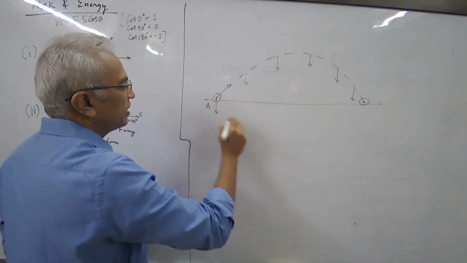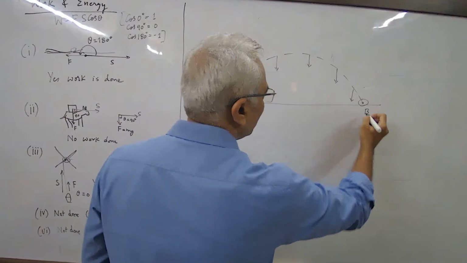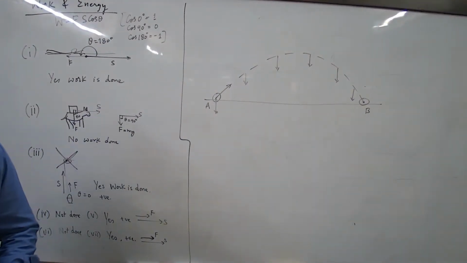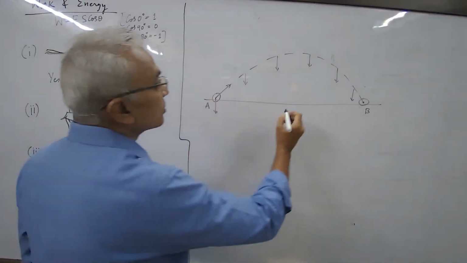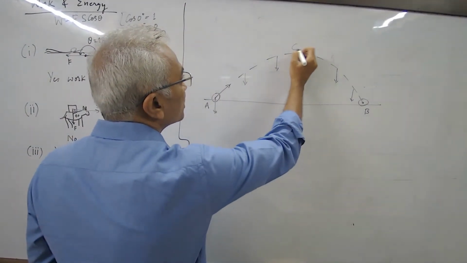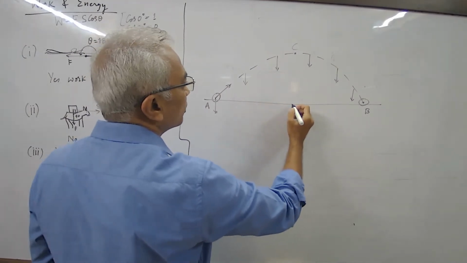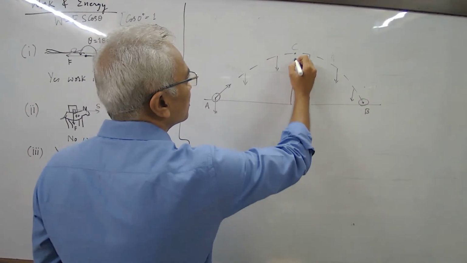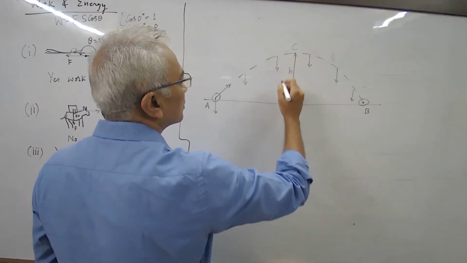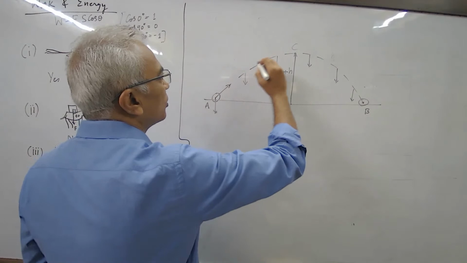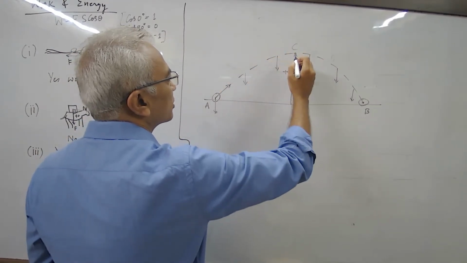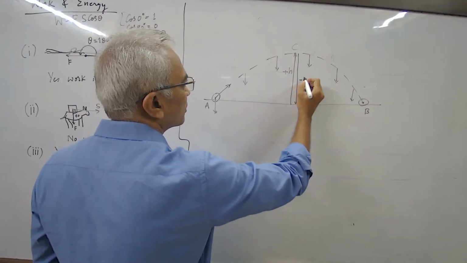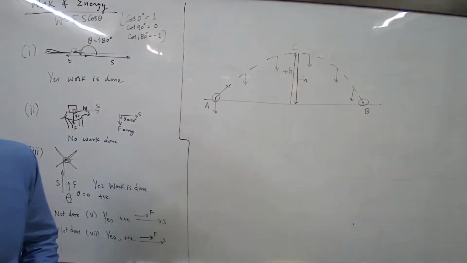So this is position A, this is position B. So displacement in the vertical direction, what is it? Let's say this is the maximum position C. So with respect to Earth, from A to C, let's say the maximum displacement upward is H. When the ball is going in the upward direction, and when it falls, it covers minus H. What is the total displacement? 0.